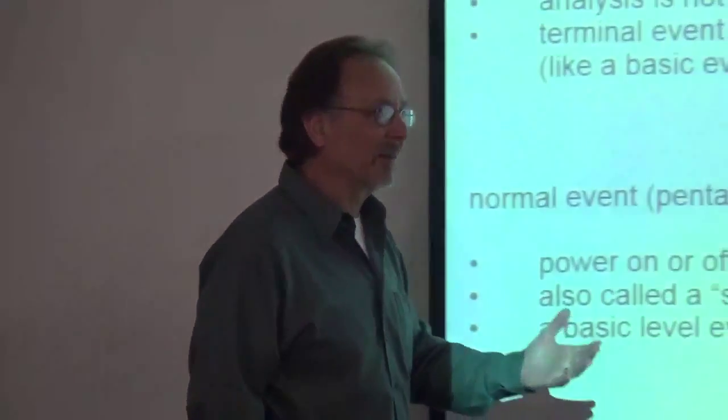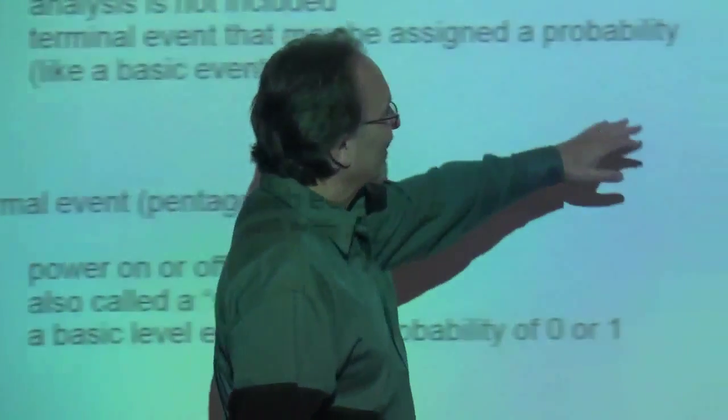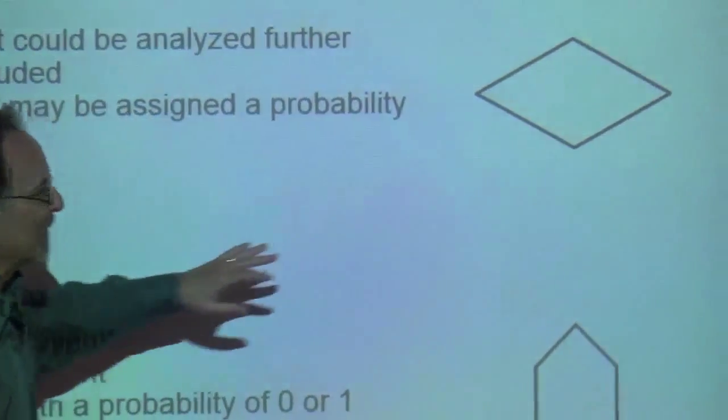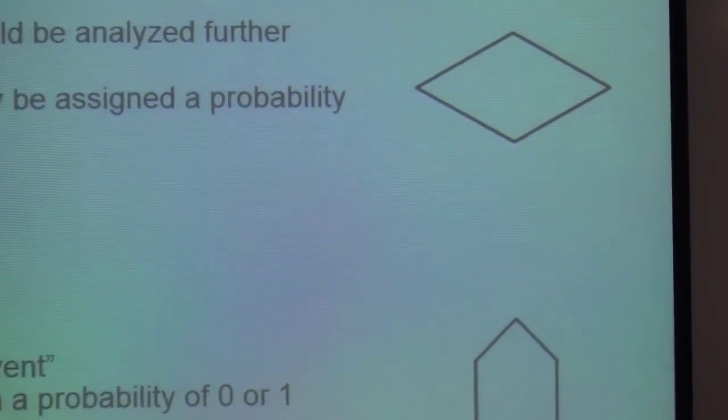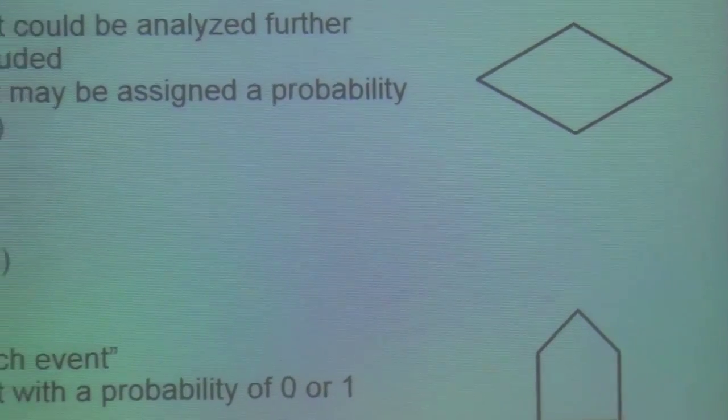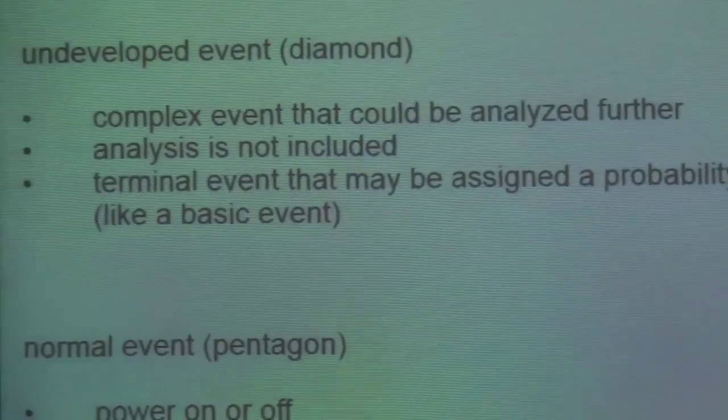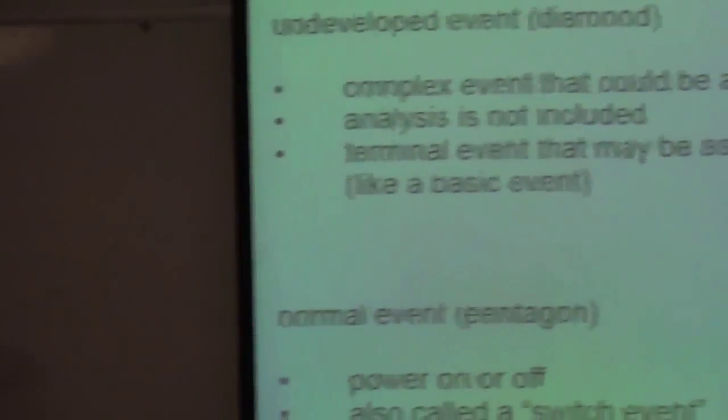It's not relevant for this analysis. That's the diamond, and the sideways diamond like this. And you can still treat it with a probability. You can treat it like a basic event, but this indicates an awareness that it's not a basic event, which you're treating it like one.